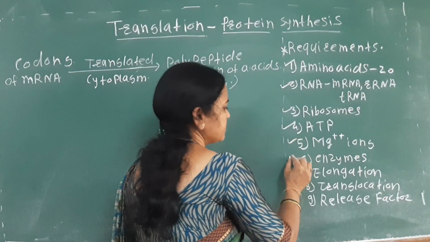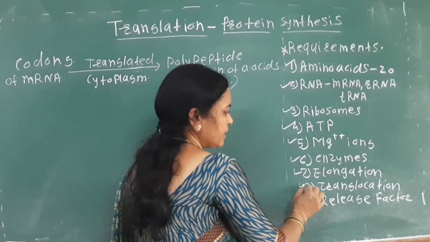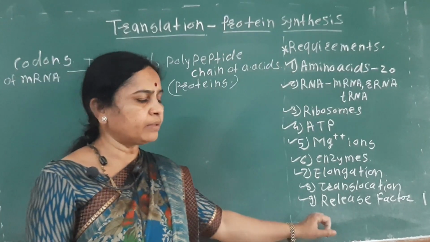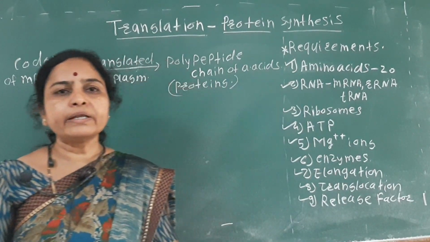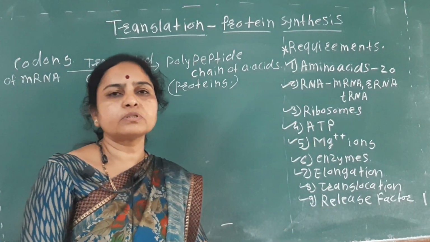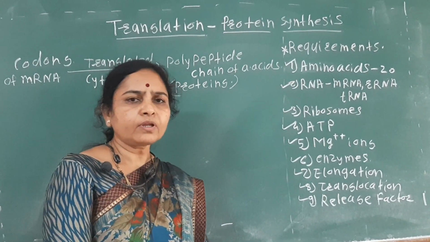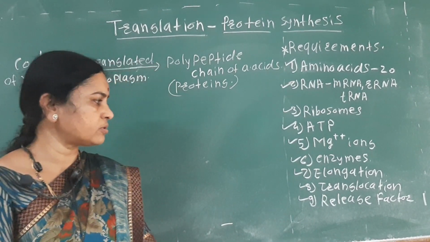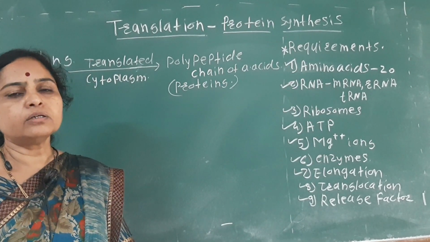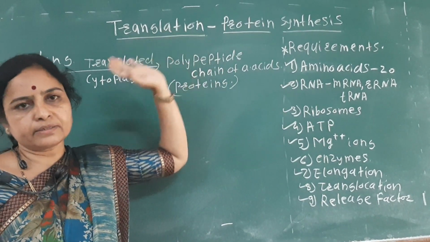Then enzymes, and the processes of elongation, translocation and the release factor. The release factor mainly helps to release the polypeptide chain when the ribosome reaches the 3' end or the termination codon. These are the requirements for protein synthesis, that is, the process of translation.